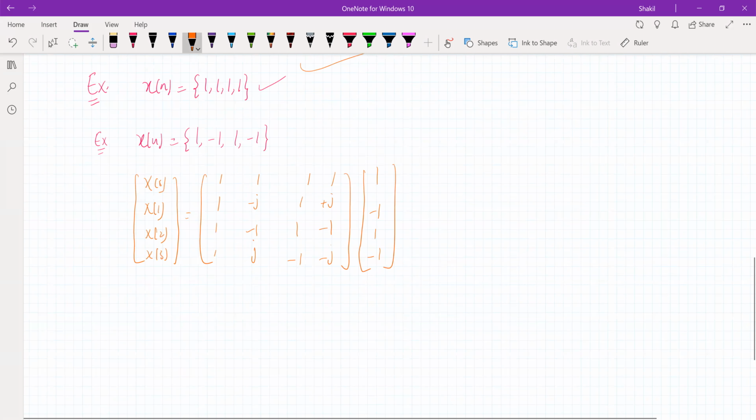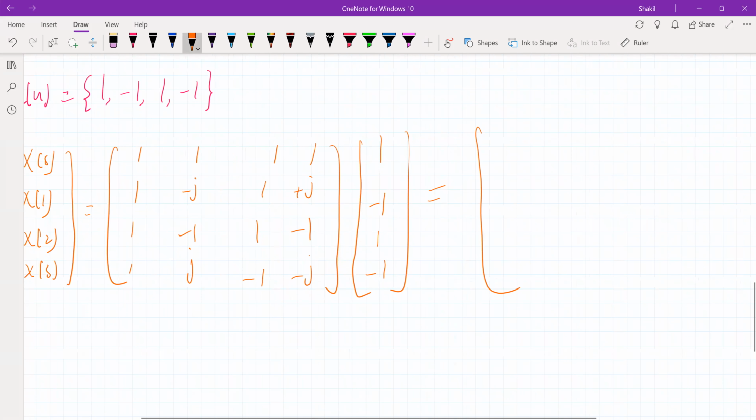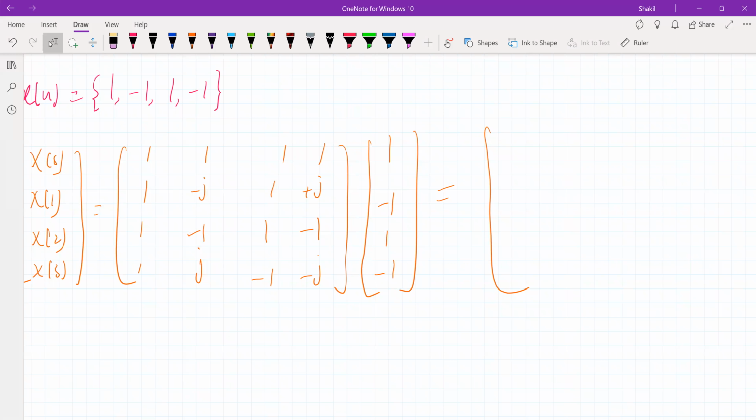All right, so let's do the matrix multiplication. This will be 1, minus 1, 1, and minus 1. Then this will be 1 plus j plus 1 minus j.